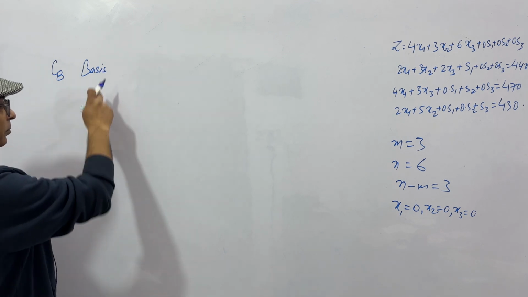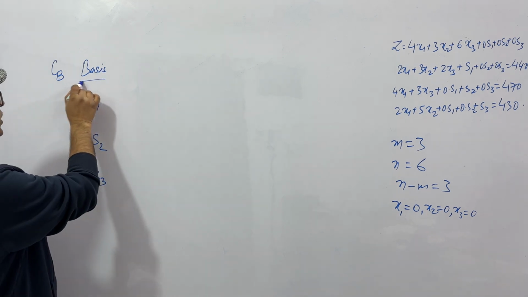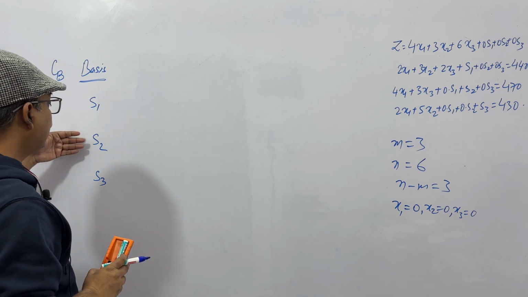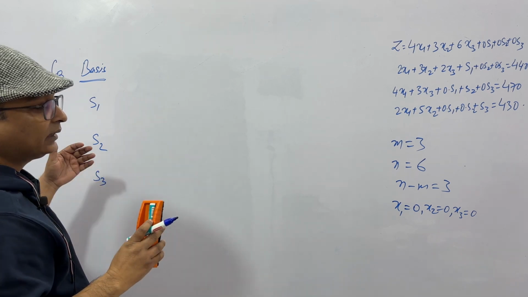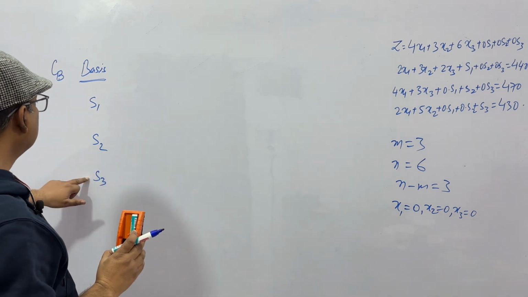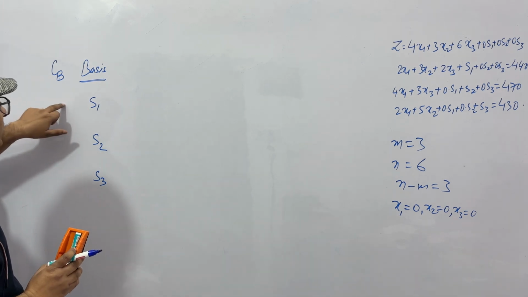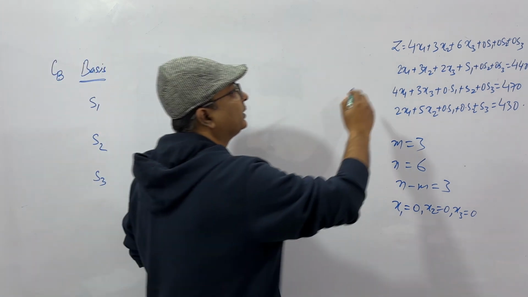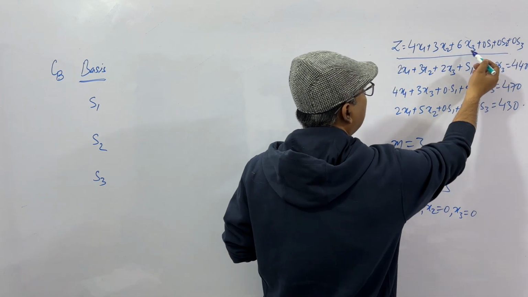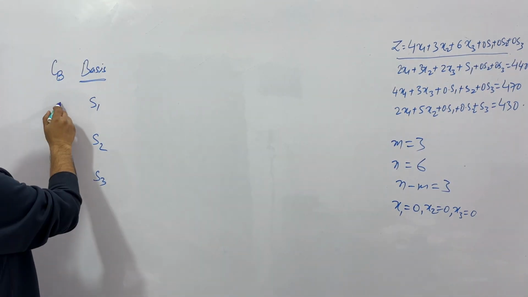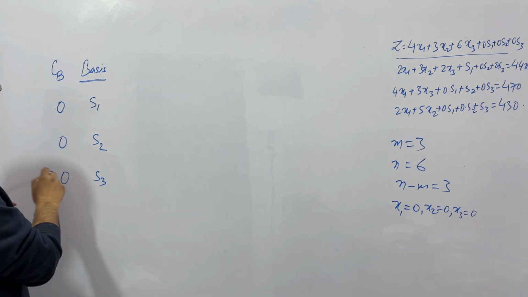The basis column has elements that are the basic variables. What is CB? CB is the coefficient of this basic variable in the objective function. This is your objective function, C. And you can see S1, S2, S3, the coefficient is 0, 0, 0. So we'll write 0, 0, 0 here.